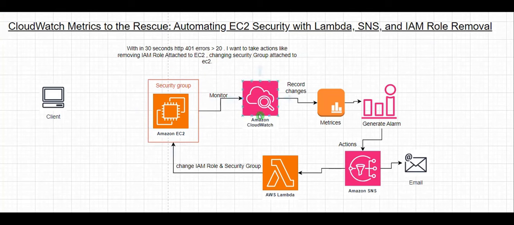By using that, we can monitor this server. So in order to analyze the traffic coming into and going out of the server, we need to install a CloudWatch agent into this server. Don't worry, I'll show you in this lab demo how to install your CloudWatch agent into your server.